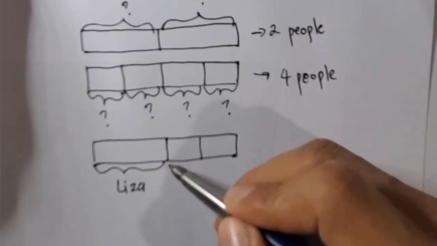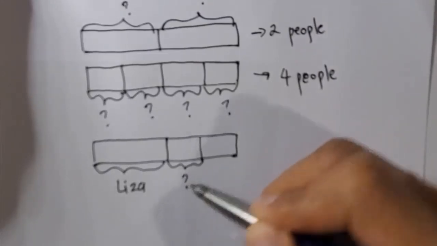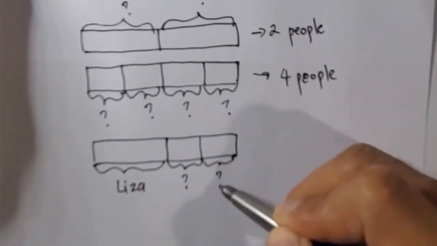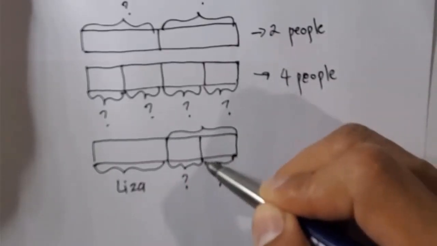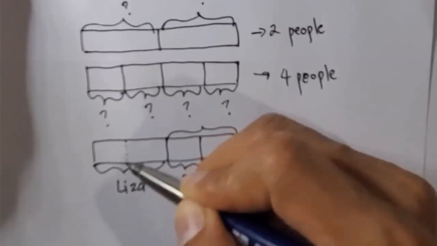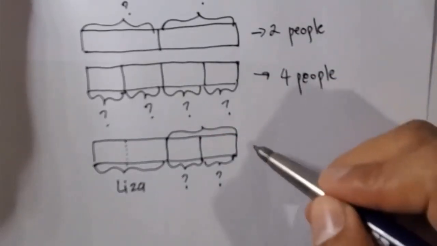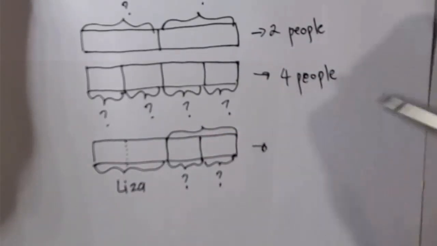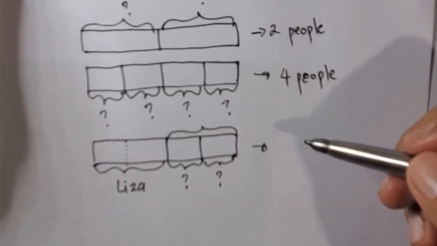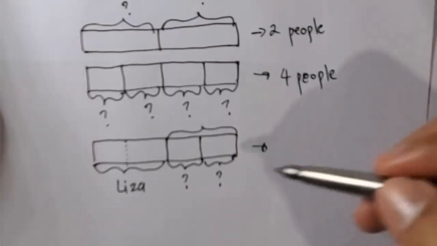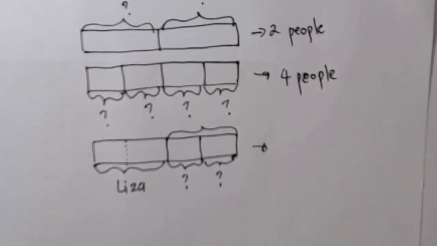So the 2 friends, how much will each one get? Remember that this portion here was divided into 2 parts. Of course, you will also divide this part into 2 parts. So this is for the 2 friends, after Lisa has already taken her share, which is 1/2. So how much would each of them get? Using the illustration, I hope this would help you solve the problem with ease.